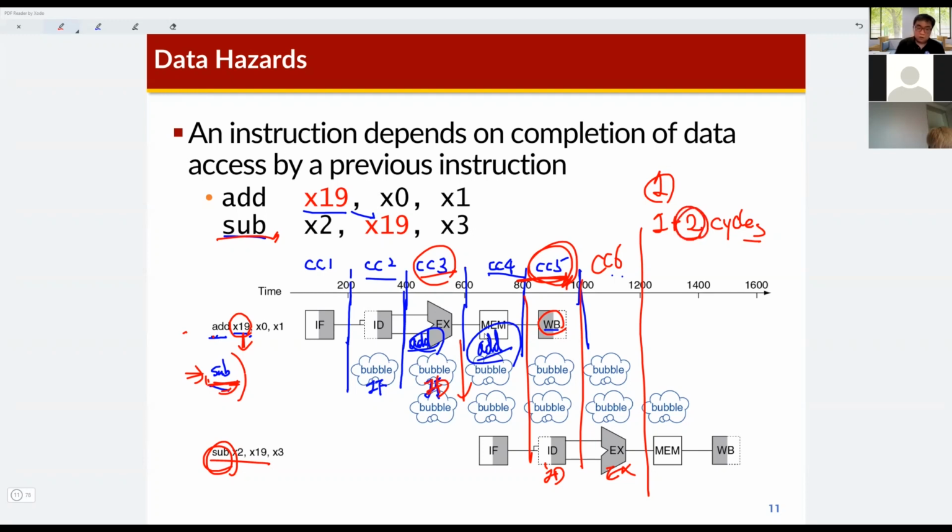So the number of clocks consumed by the sub instruction is 1 plus 2 equals 3 clocks. So 1 instruction consumes 3 clocks, and CPI will be increased. That's the problem. Due to the data hazard, the processor wastes additional clocks, which decreases the performance of this processor. Okay.